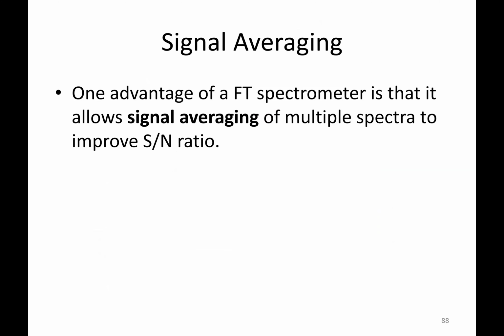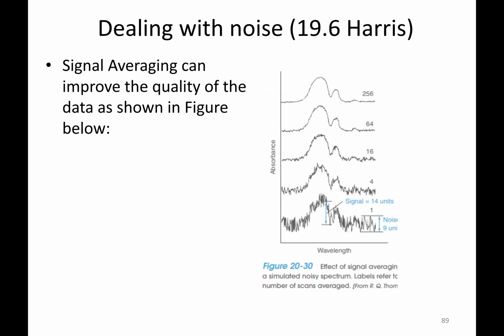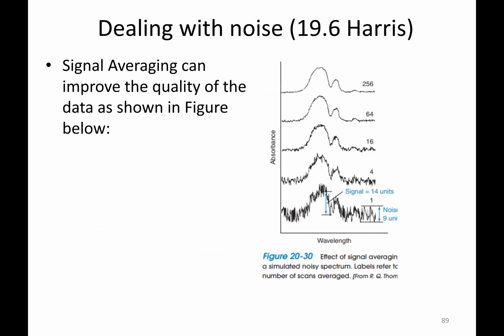So the first thing is we know why we do signal averaging. One advantage of signal averaging is that multiple spectra improve the signal-to-noise ratio. And this is from Harris. Signal averaging can usually improve the quality of your data. So I want to go through this and illustrate this example here. Remember the picture I presented, where you have the baseline and so on.